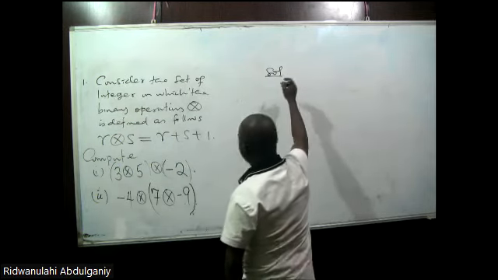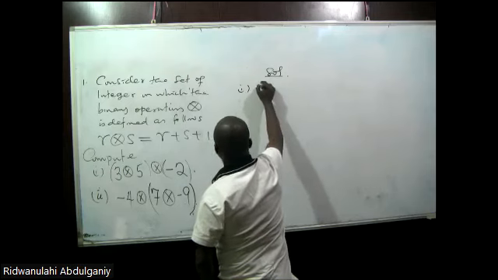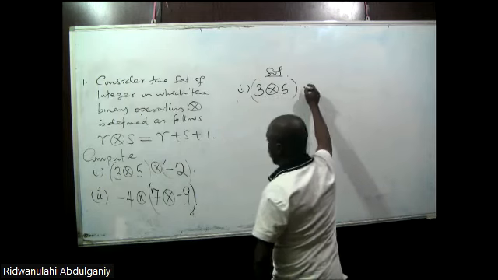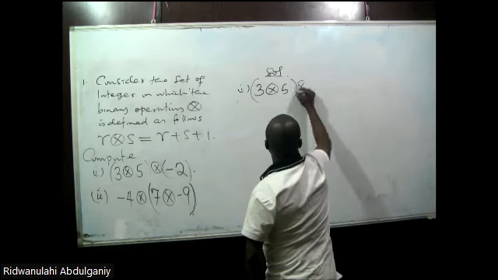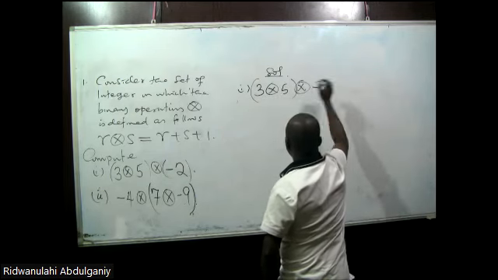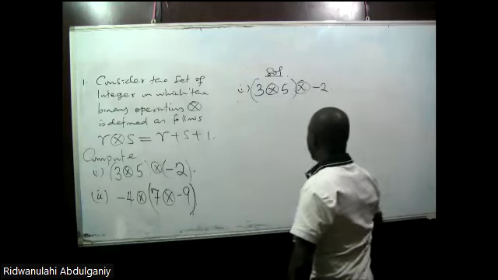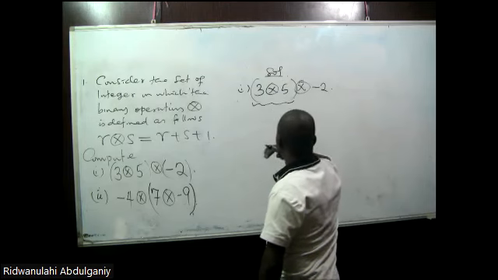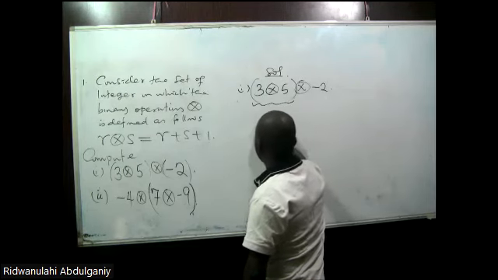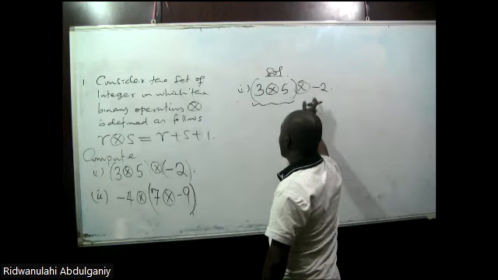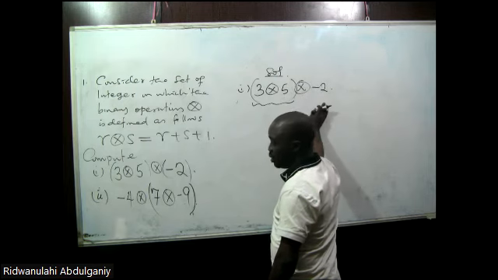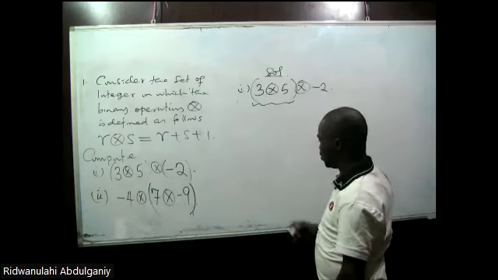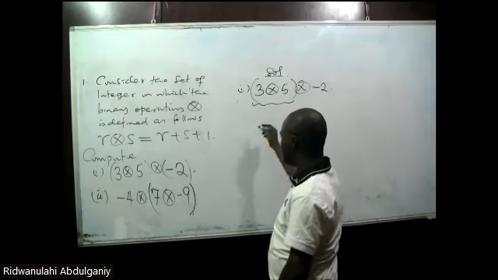So the first one, I have 3 operation 5 operation minus 2. I will take this one first. And you may also take the two of them simultaneously anyway. But let me take this one first. Maybe next class I'll work on the second one, and it may be this class also.